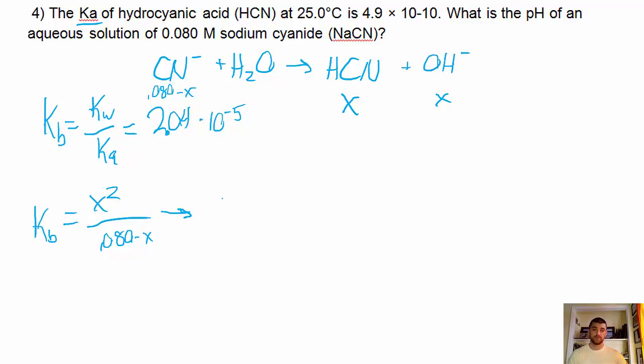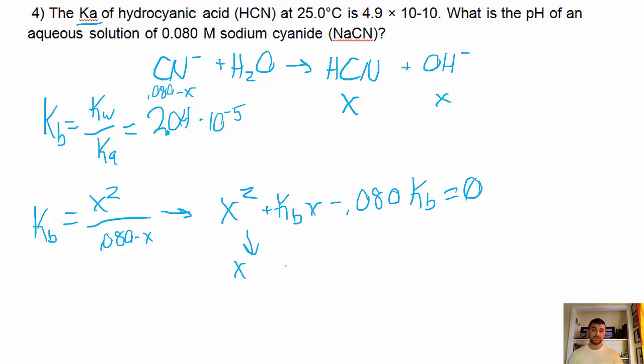Now I do some algebra, and I get X squared plus Kb X minus 0.080 Kb equals 0. Now I can plug it into my quadratic equation. I solve for X, I use the one that makes sense. X equals 0.00126, and that is the molarity of the hydroxide ion.